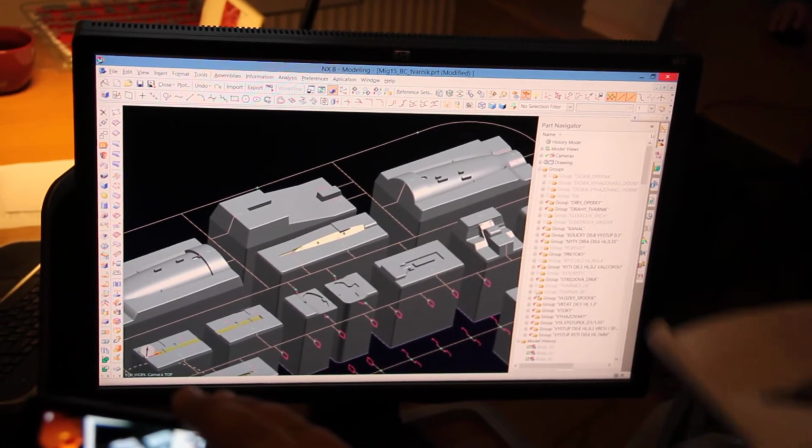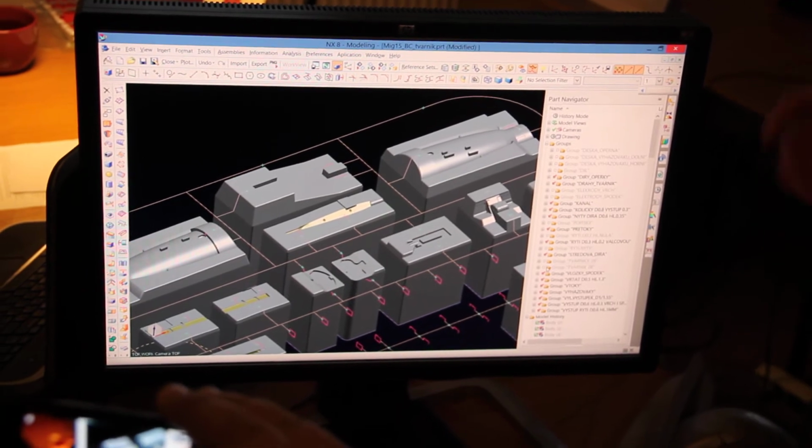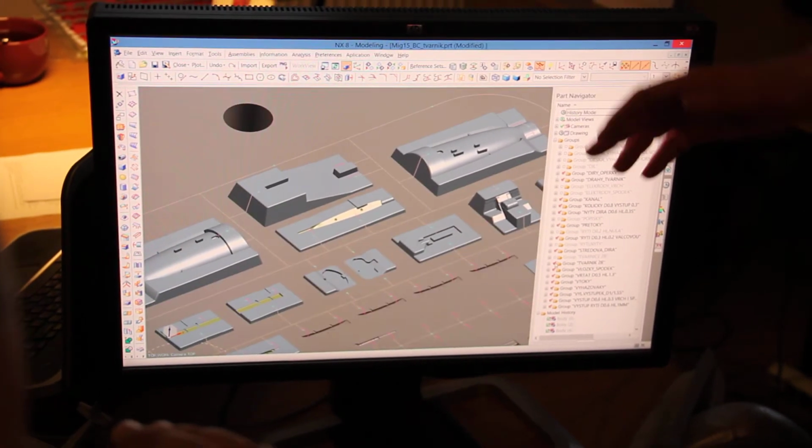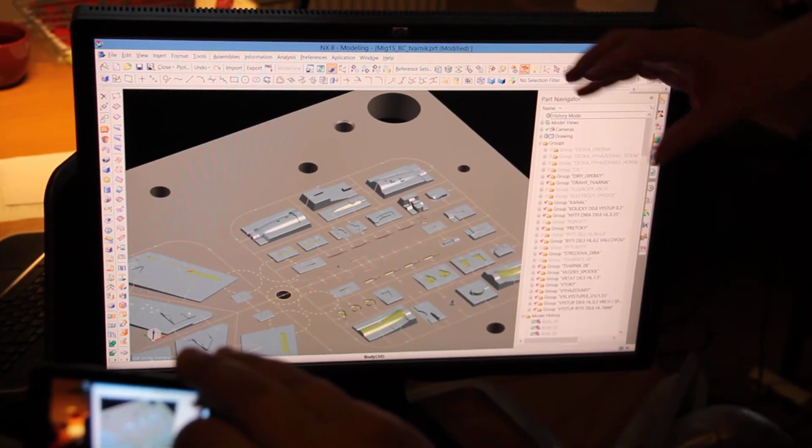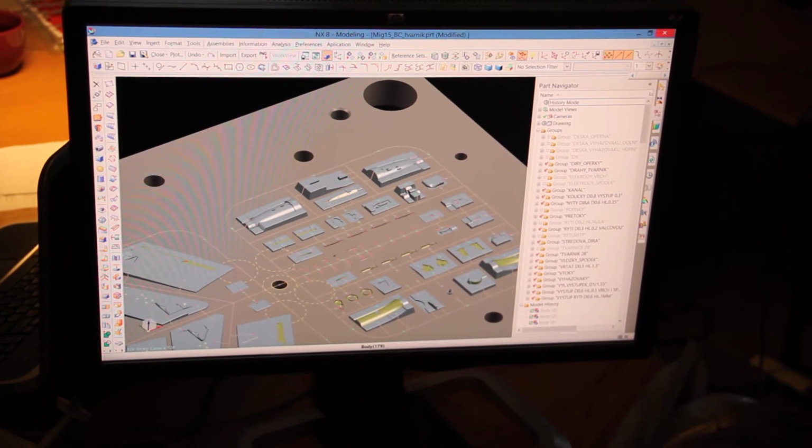This is also a little bit unusual, because normally we have fewer inserts than on this tool.